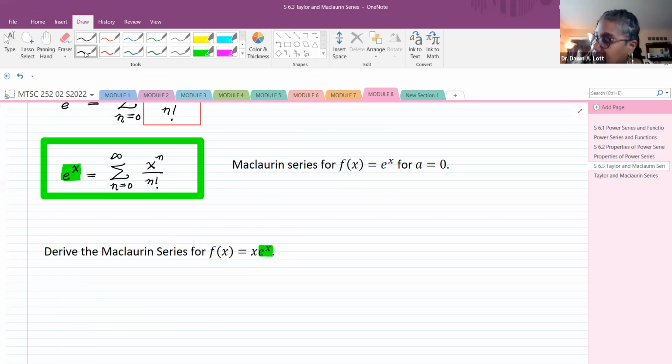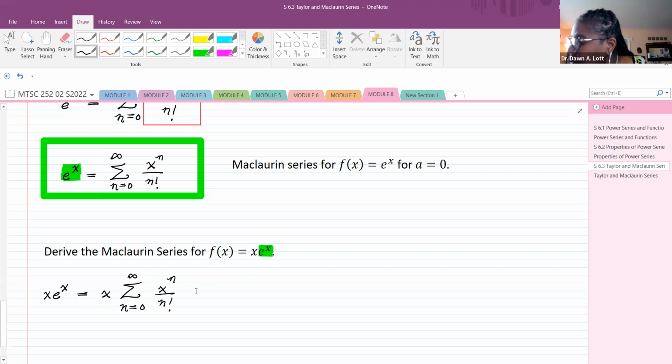So I can take e to the x, and multiply x by the series we already know, n equals 0 to infinity of x to the n over n factorial.